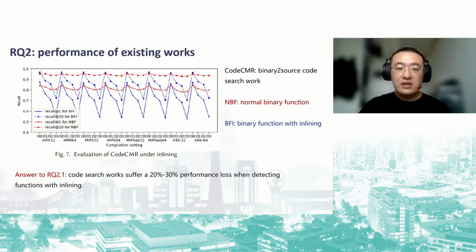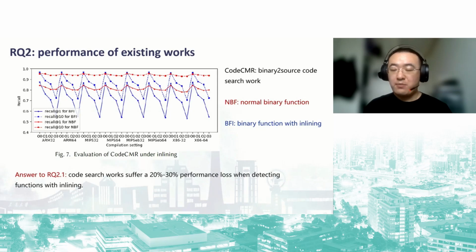And then we answer the question about the performance of existing works. And here, due to the time limit, we select 2 study results. First, we select CodeCMR as a binary-to-source code search work.